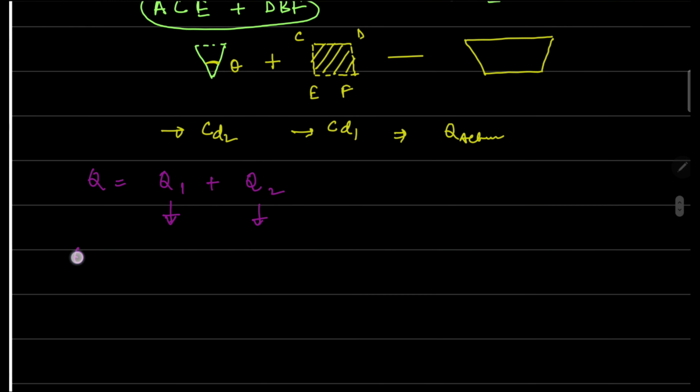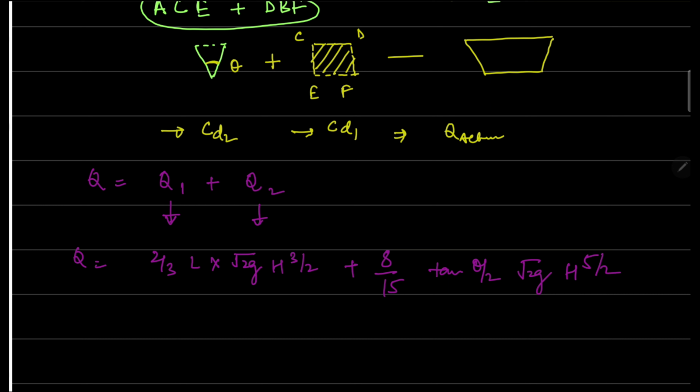So Q can be written as: Q1 is 2 by 3 L multiplied by under root 2g h raised to the power 3 by 2, plus Q2 is 8 by 15 tan theta by 2 under root 2g h raised to the power 5 by 2. And this is your theoretical discharge, and if you want the Q actual, you just need to multiply it by the coefficient of discharge.